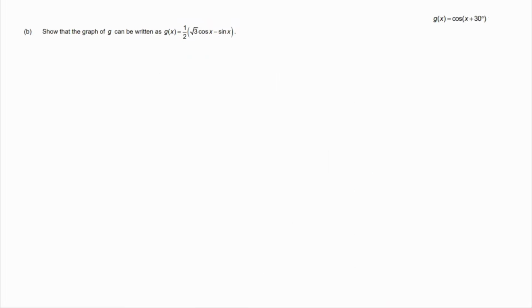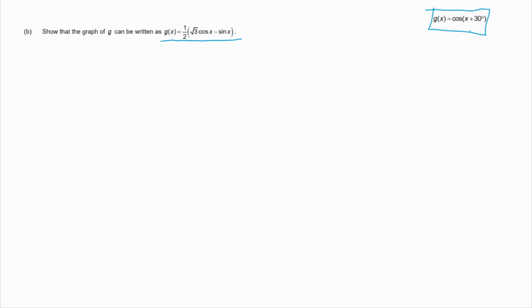Now they say show how the graph of g can be written as this. And you might look at this and be saying, how does that get there? But let's look at g. g is given by cos of (x plus 30).